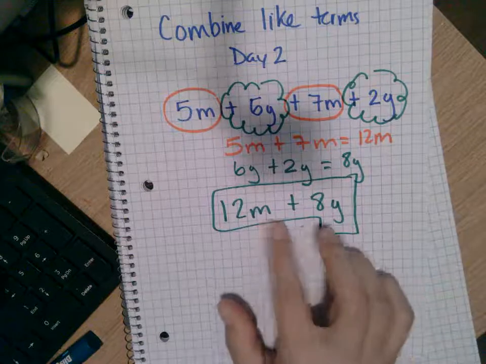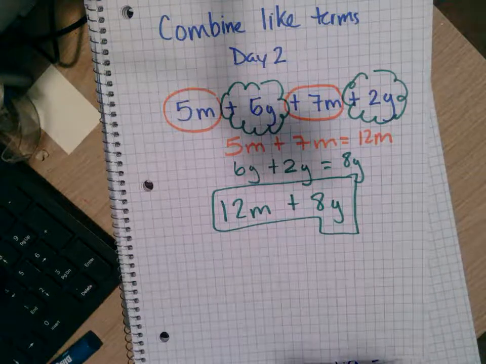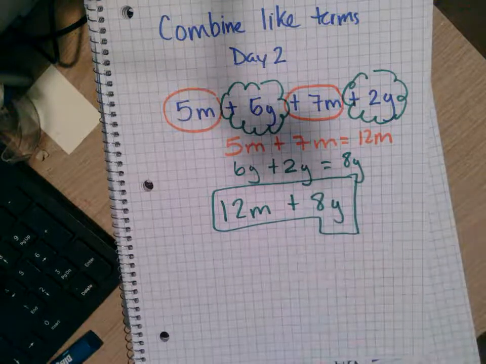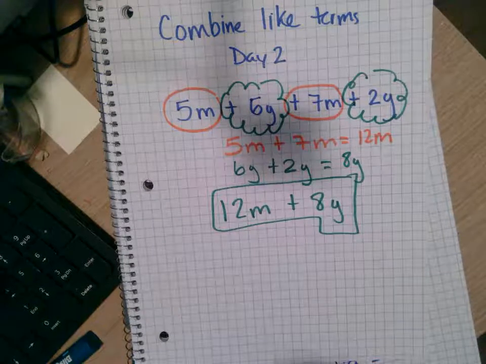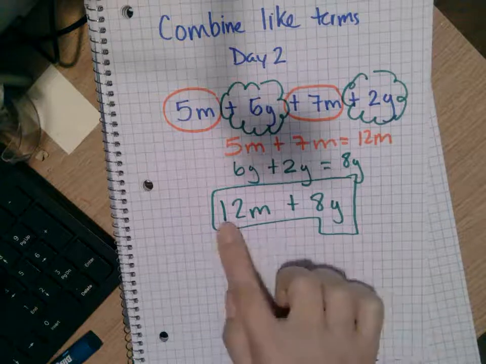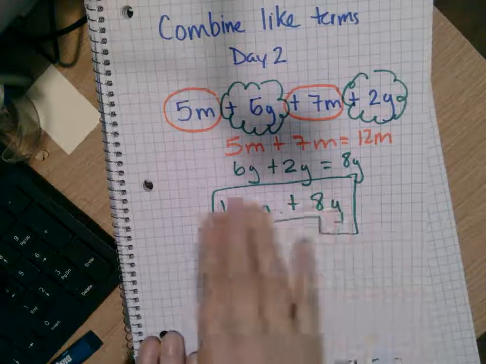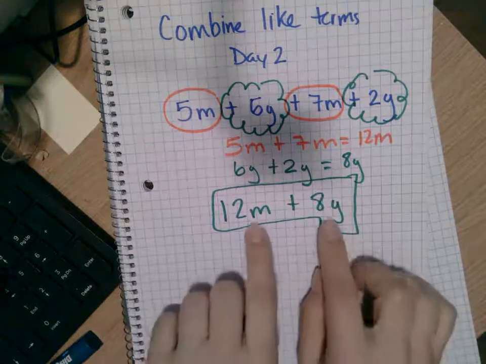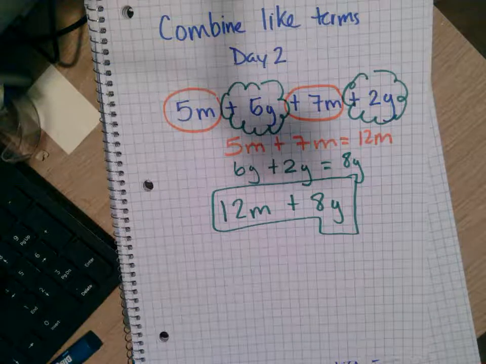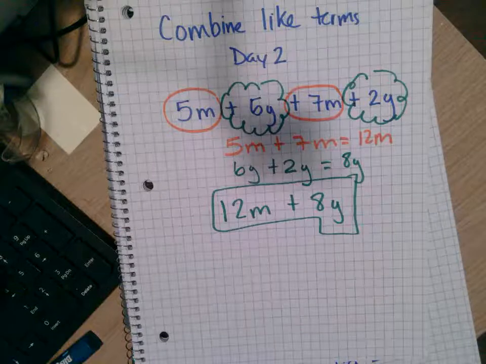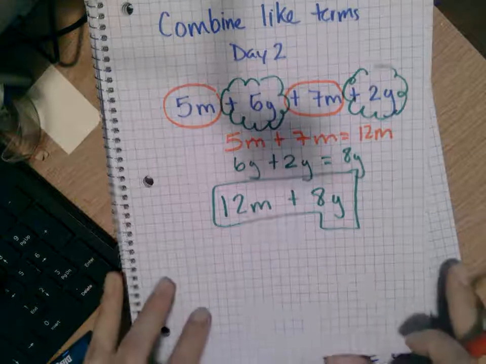And remember, a variable stands for an unknown number, and that number changes with every single problem. So 12 monkeys plus 8 yo-yos is your final answer. When you have variables that are not the same, you keep them apart. You can only put them together when they're the same variable. Okay? So let's try another one.